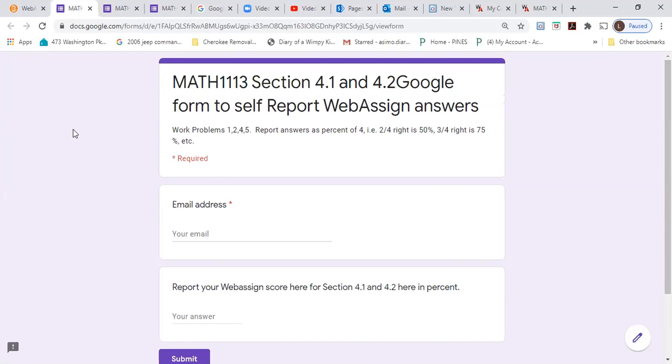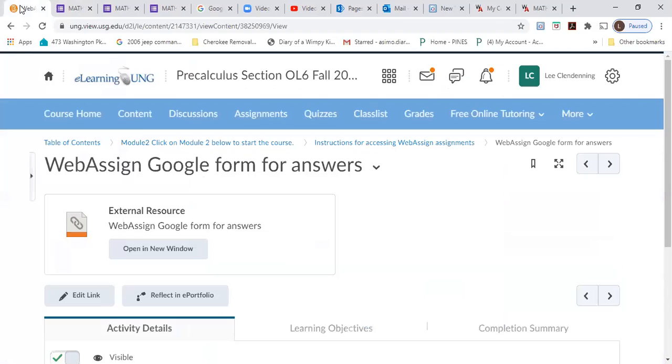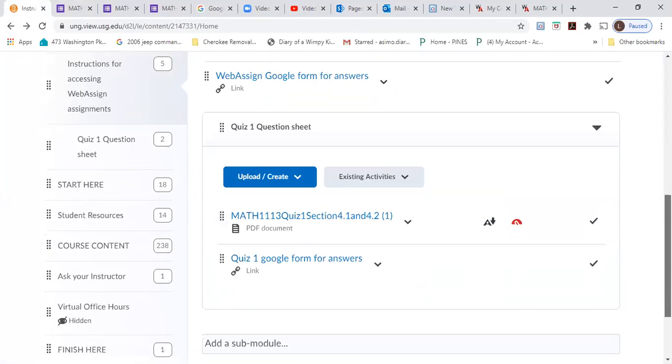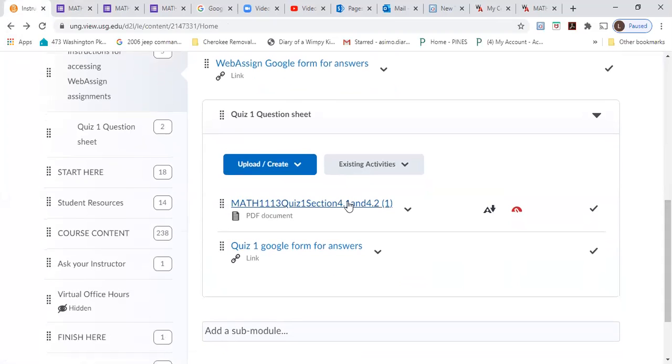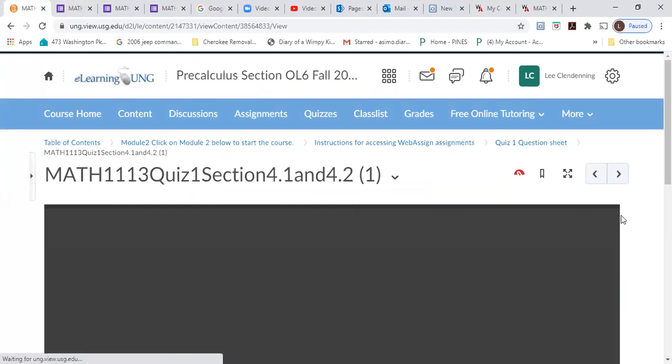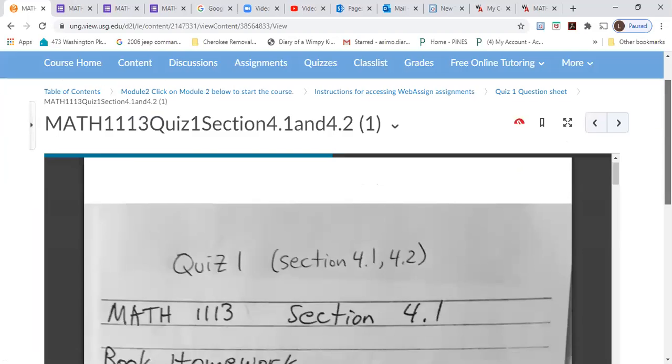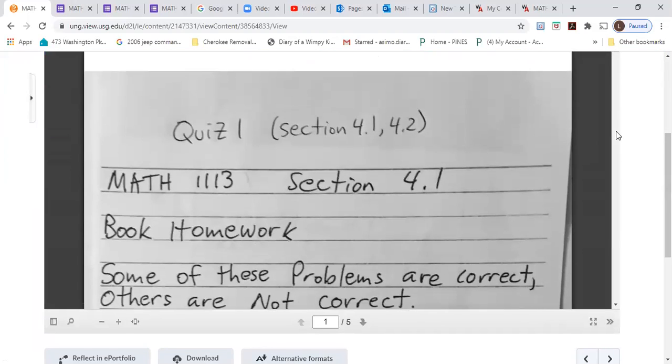Okay, the last assignment for the first week is quiz 1. What I've done is pick 5 problems from each section, and I have worked them out.